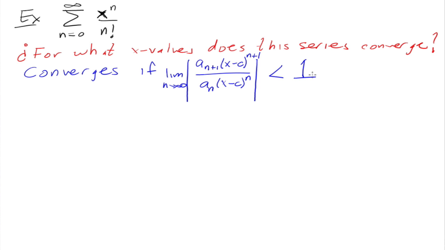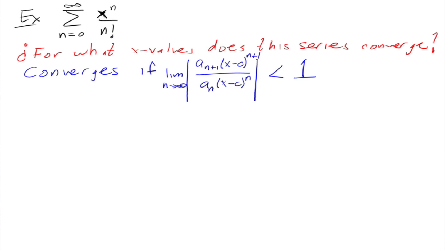Then the series is going to converge. So our task then is to find the x values for which that expression converges. Does that make sense? Our strategy? You can also use sometimes the root test, but usually the ratio test is what we're going to use.